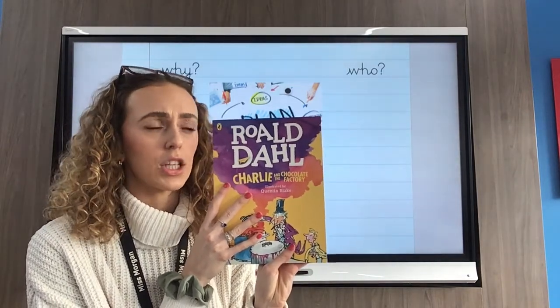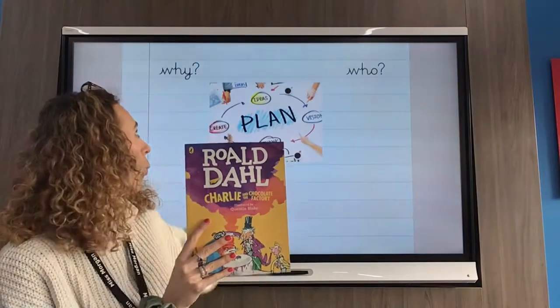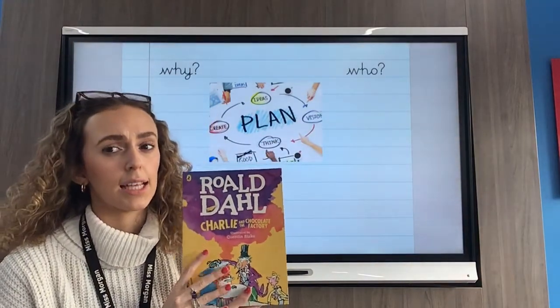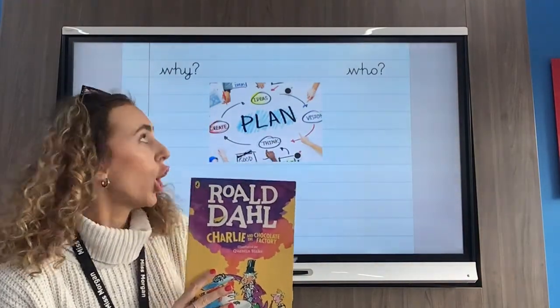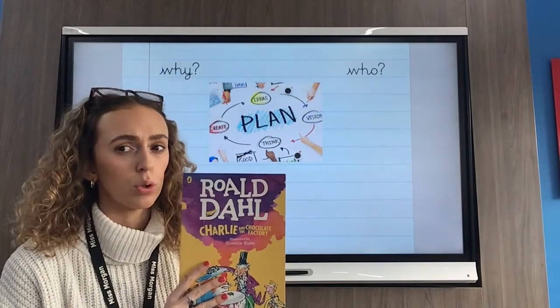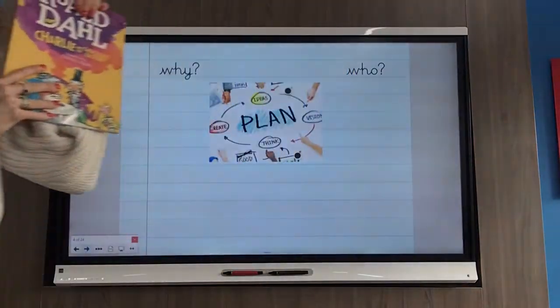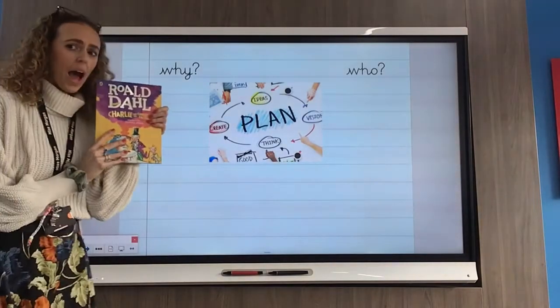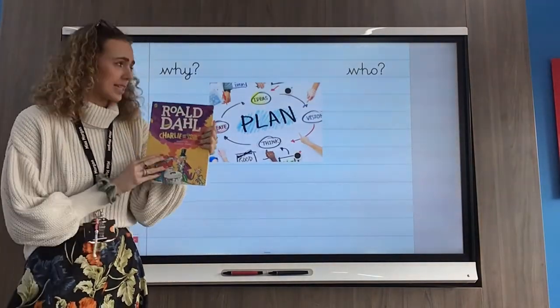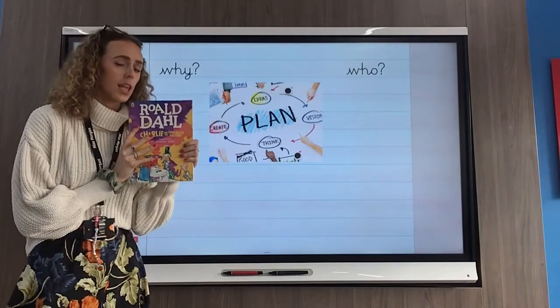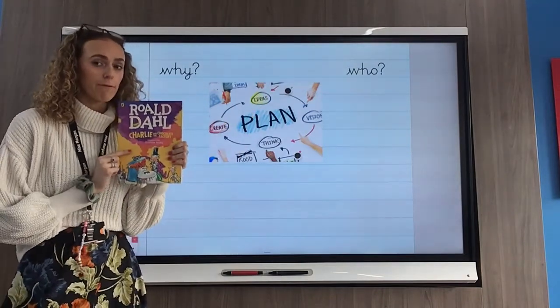And he had to think to himself, okay, why am I writing this book, okay? Who is it for? Now think, we've read a little bit of Charlie and the Chocolate Factory in my class. So why do you think Roald Dahl had written this book? And who do you think he had written this book for?